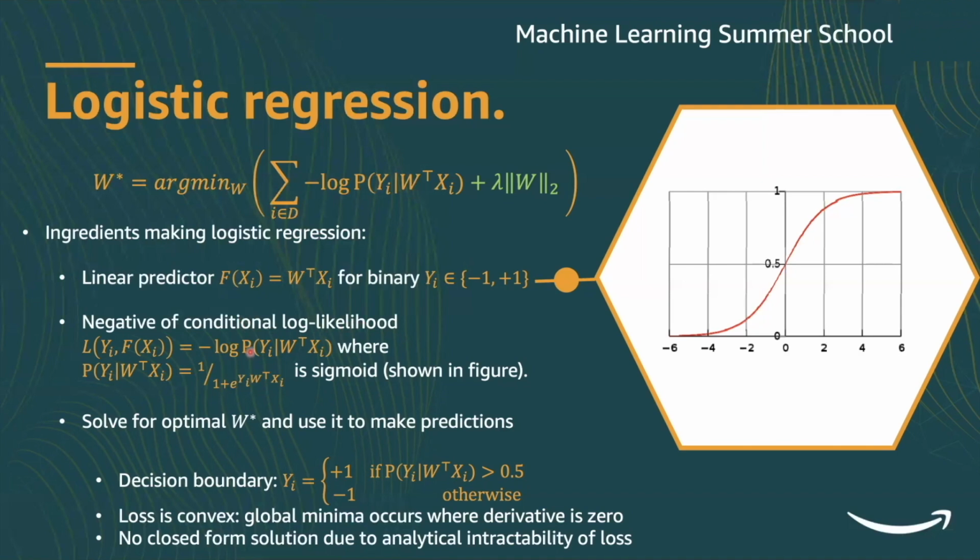It's conditional because we're taking the probability of the class label given the instance. This is what we want to maximize because it's the probability that this data sample would have occurred given that my model's parameters are W. And that is what we want to maximize because that is the sample that we have observed.